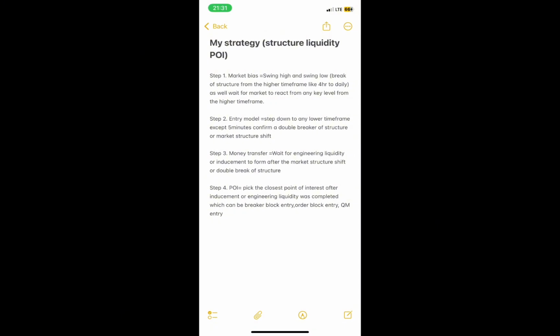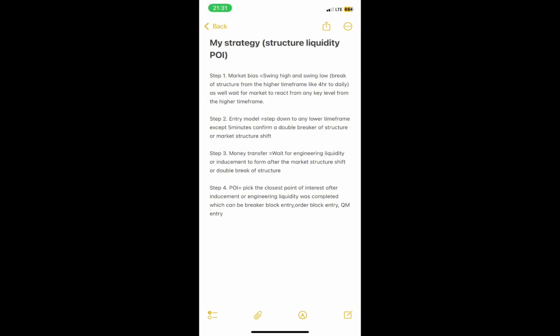If you watch very well here, this is my bias. And what is my bias talking about? Swing high and swing low, break of structure from the higher time frame, like the 4 hours to daily time frame. As well, wait for the market to react from any key level from the higher time frame. That's what step 1 of trading structure, liquidity, POI tells me.